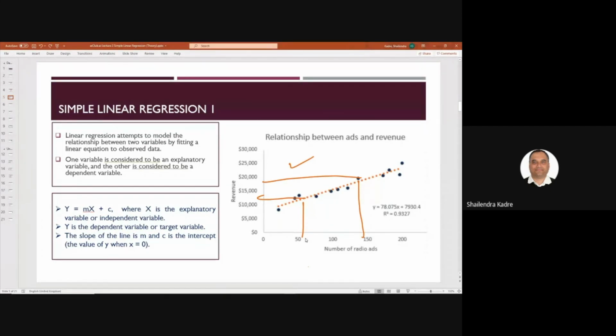This is US data, so in dollars. If the number of advertisements is say 200 in a given period, the corresponding revenue is around 225,000 dollars. Like that, we have plotted many black points.